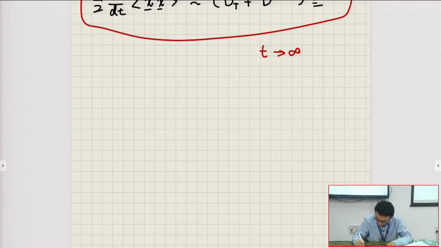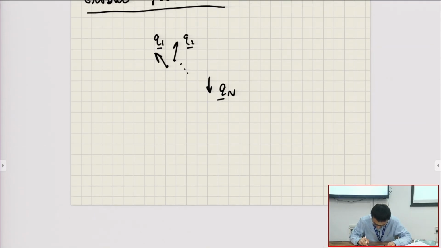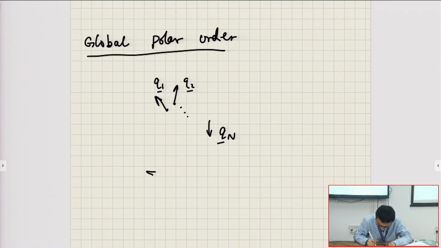So the order parameter we can look at is essentially the global or the system polarity. It's a global polar order. So I have particles here in the system, each with their own orientations, potentially, all the way to q_N for N particles. So I'm going to sum over these vectors from 1 to N, q_i.